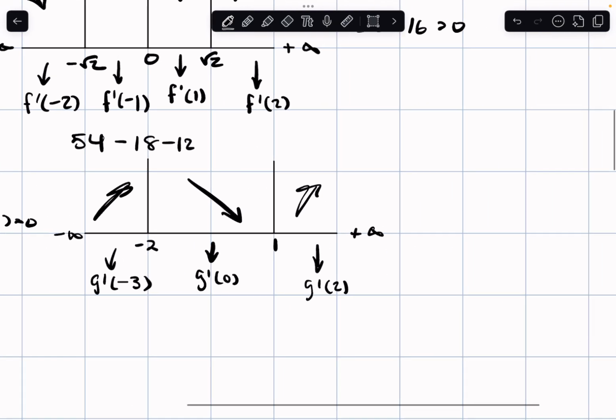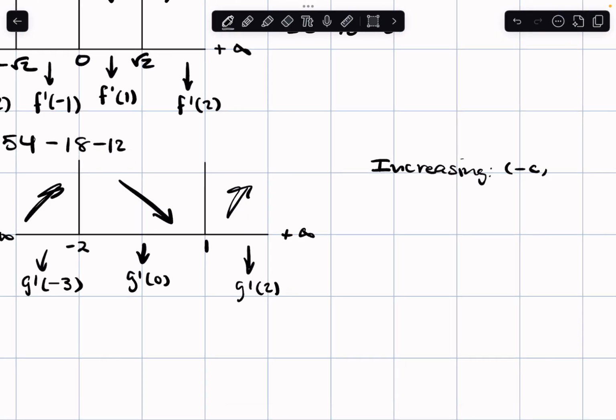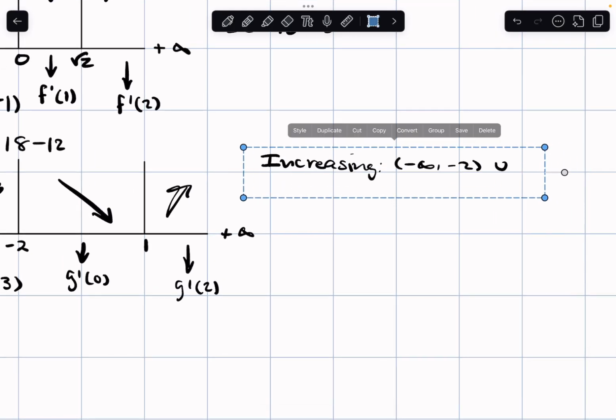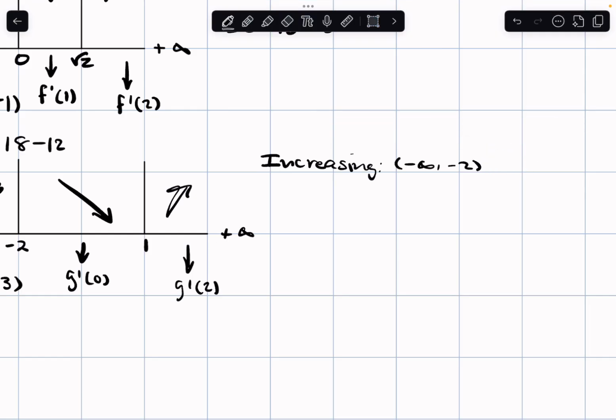So just to state it, it's going to be increasing for negative infinity to negative 2, union 1 to infinity, and then it'll be decreasing from negative 2 to 1.